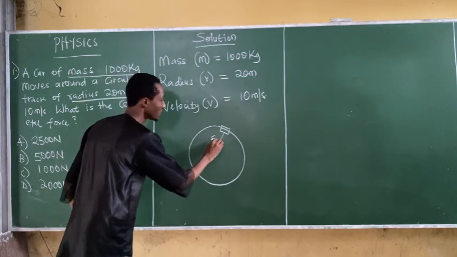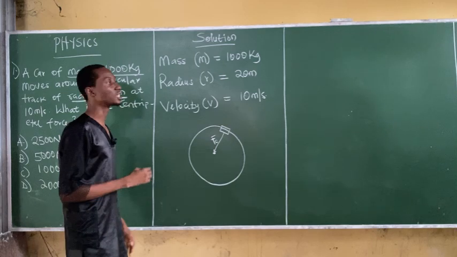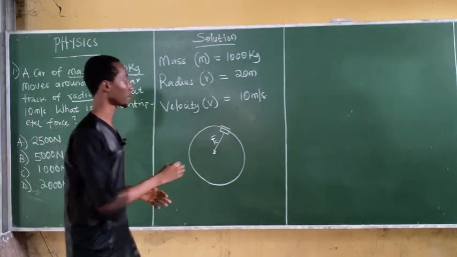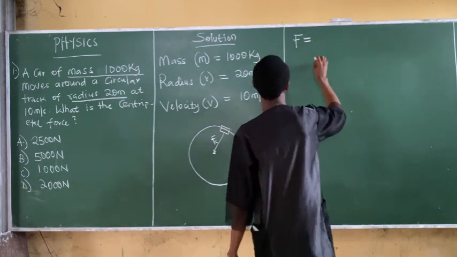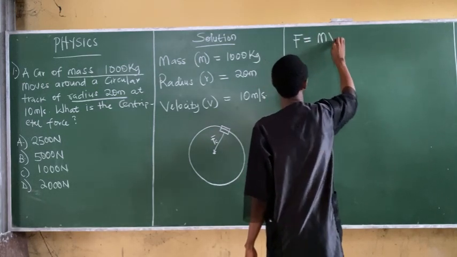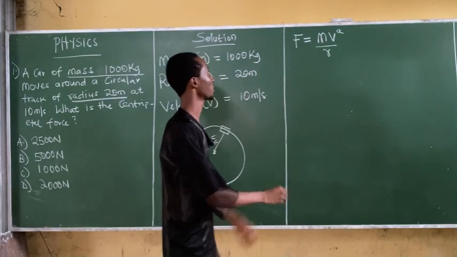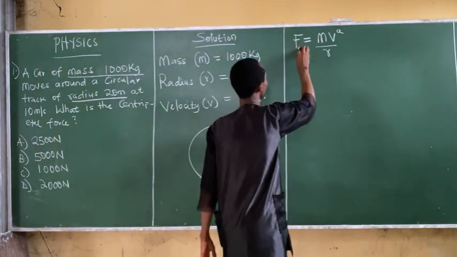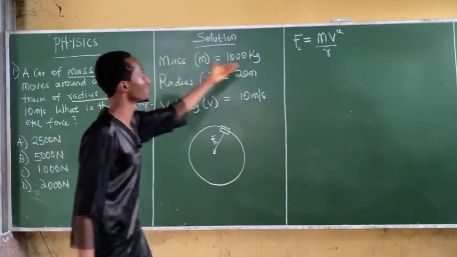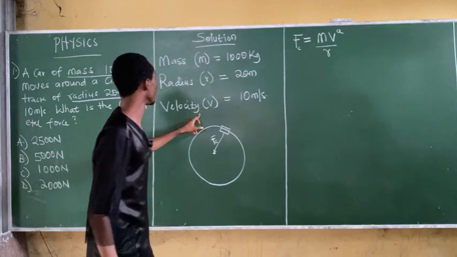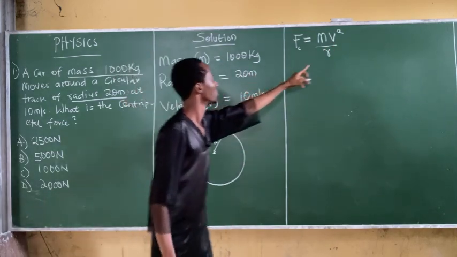This force is called the centripetal force. Centripetal force is given by the formula F is equal to mv squared over r. This is the formula for centripetal force, F subscript C. From the question, you are given mass m, velocity v, and the radius r.